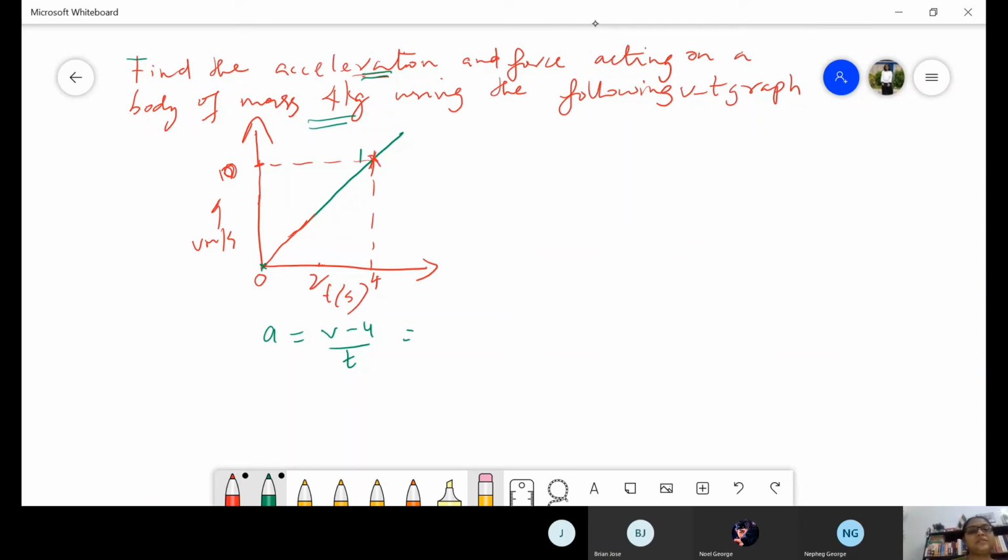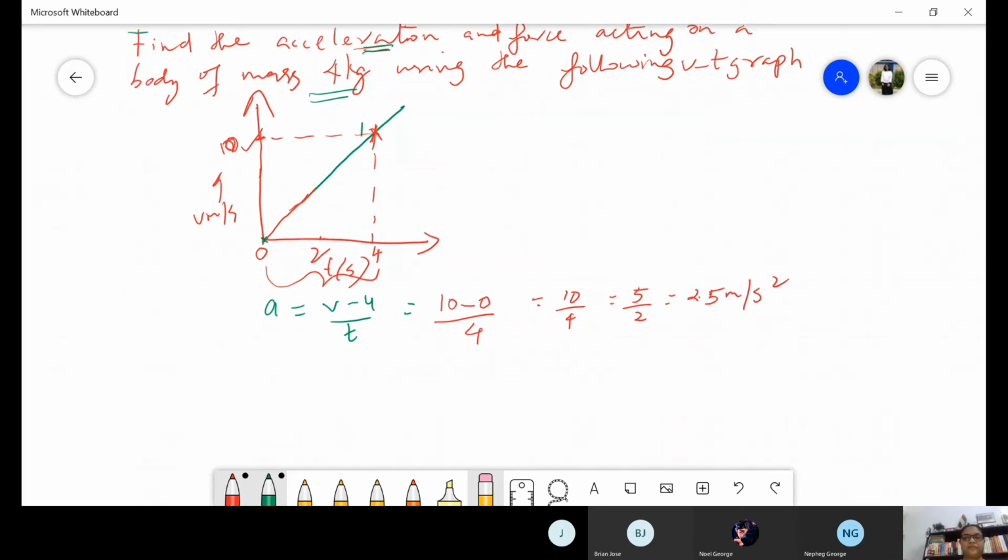The corresponding velocity is 10. So final velocity is 10, initial velocity is 0, and what is the time taken? Time taken is 4. So 10 by 4. What is 10 by 4? 5 by 2, and that is 2.5 meter per second square. So this is the acceleration of the body.